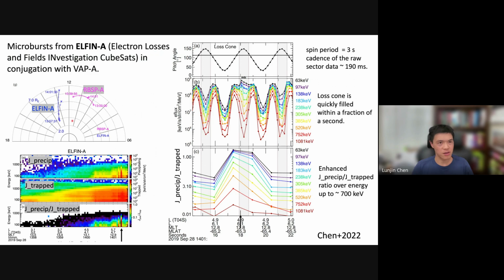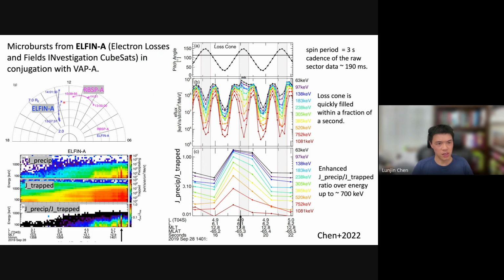We have a conjunction event between ELFIN and Van Allen Probe A. This shows orbital information of RBSP and ELFIN. They're at about the same L shell, but separated by, I think, 2 hours of local time.